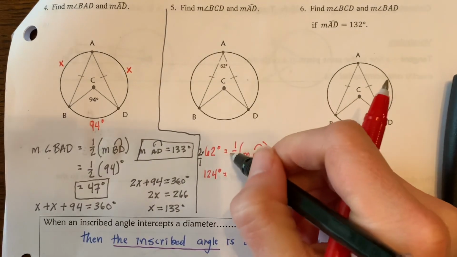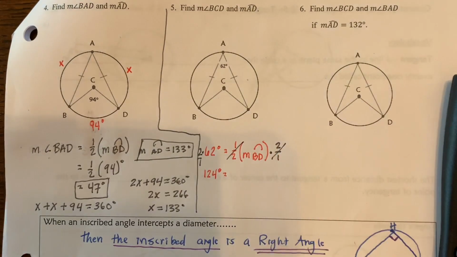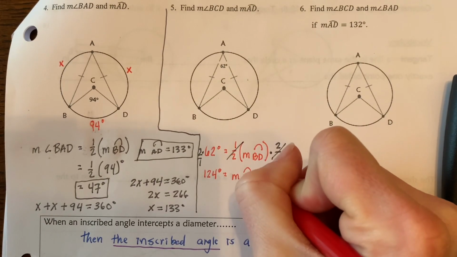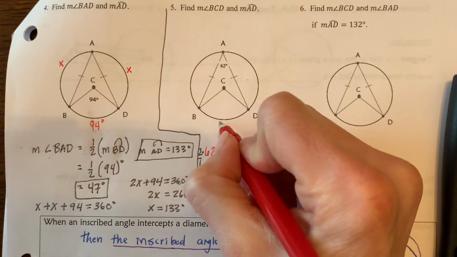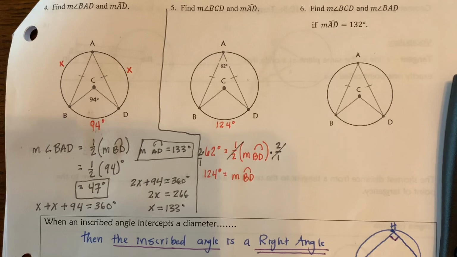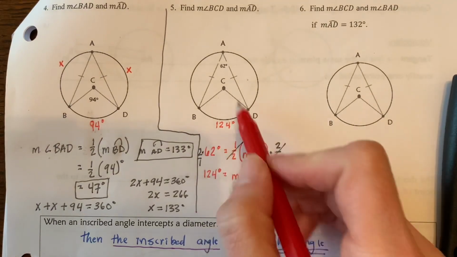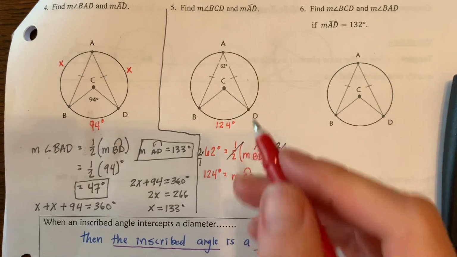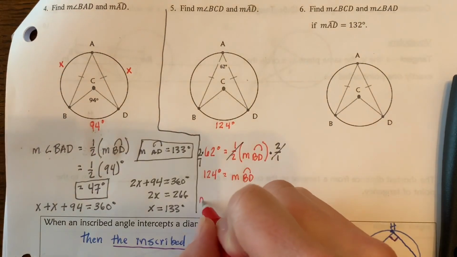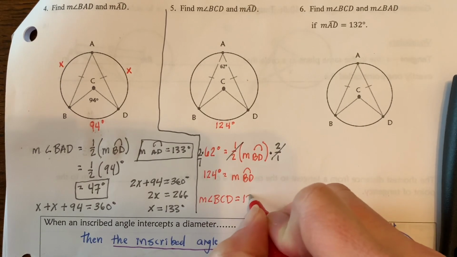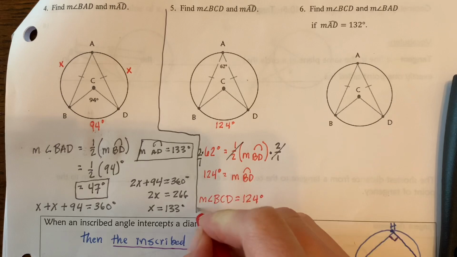On the right side, half of 2 is 1. Those cancel, and I'm left with the measure of arc BD. So I know that arc BD is 124 degrees. Now, angle BCD is a central angle, and we know the central angle is equal to the intercepted arc. Therefore, the measure of angle BCD is also equal to 124 degrees.